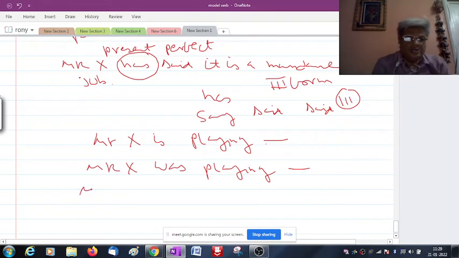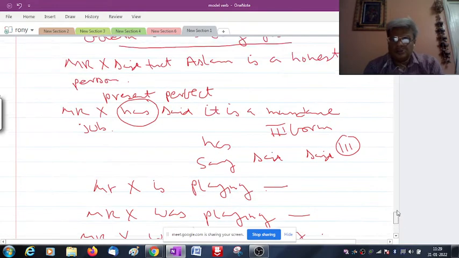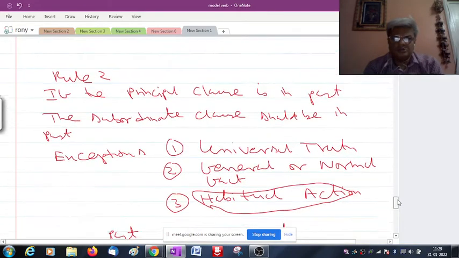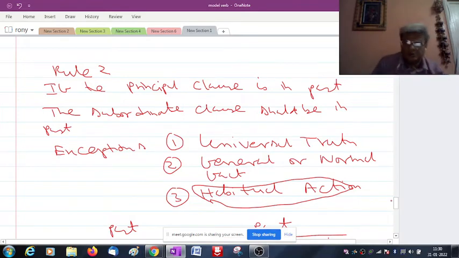Or you can say Mr. X will be playing, future continuous. Got it? Just see the rule once. After that, I will start with some other ambiguities in English.